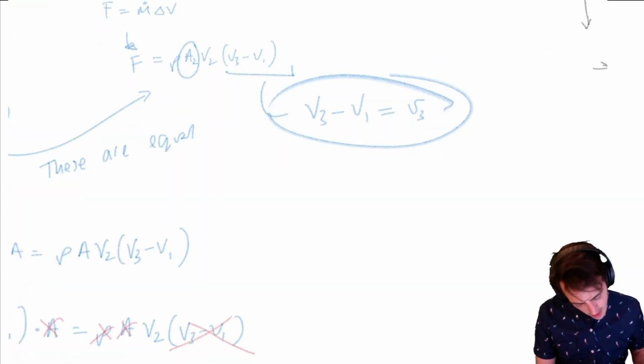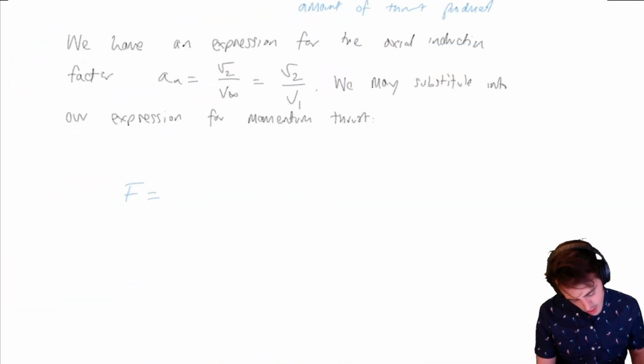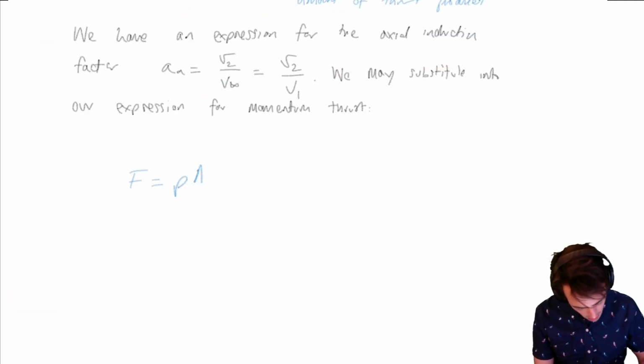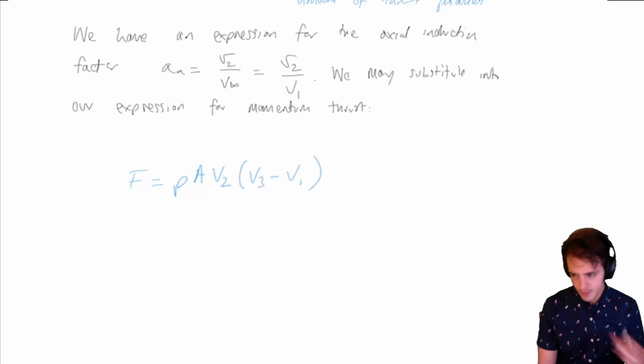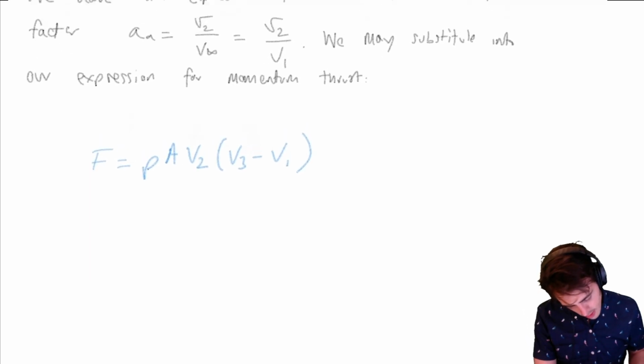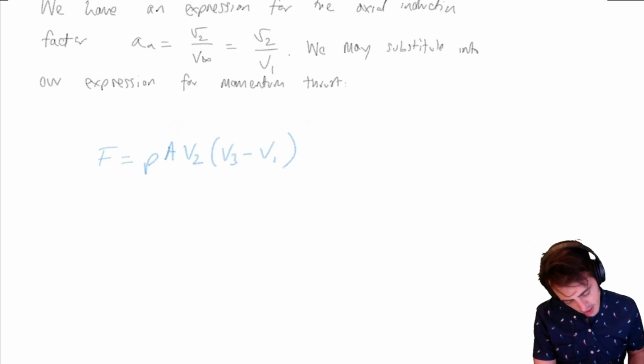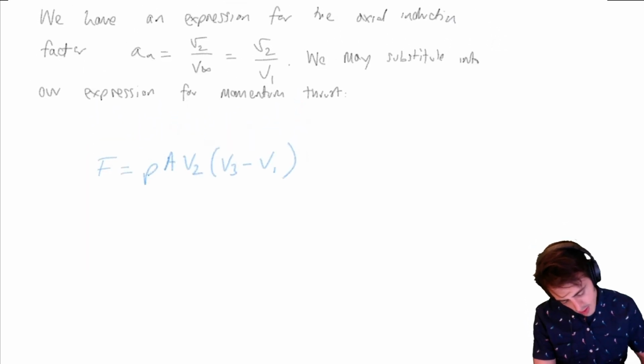Rho A2 V2, V3 minus V1. Rho A V2, V3 minus V1. So let's change some of these values here. We've got V2 here.